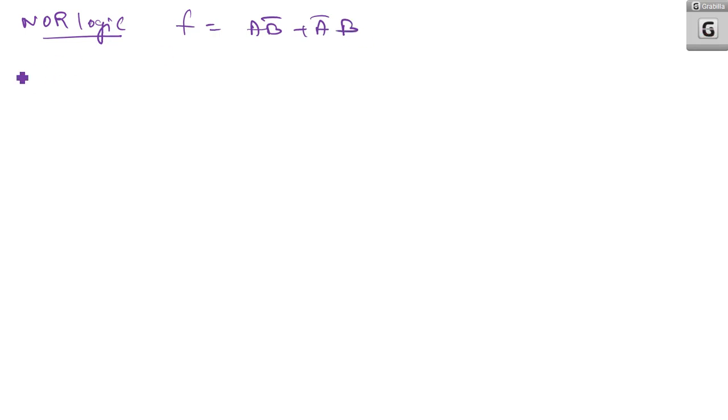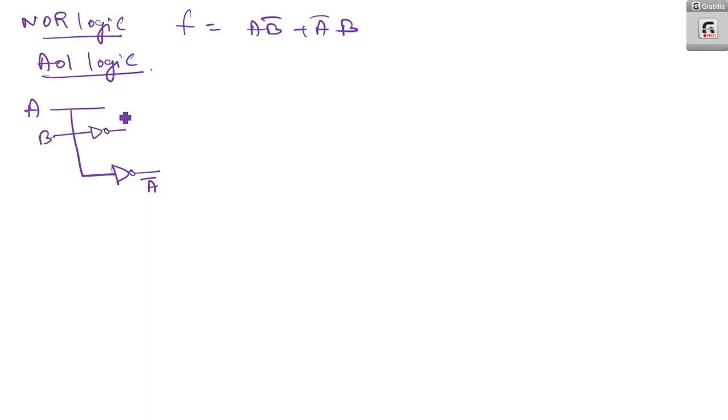So first of all, let me draw the AOI logic. A is there. Similarly, here what we are having is A bar. B is there. So here what I am having is A B bar.